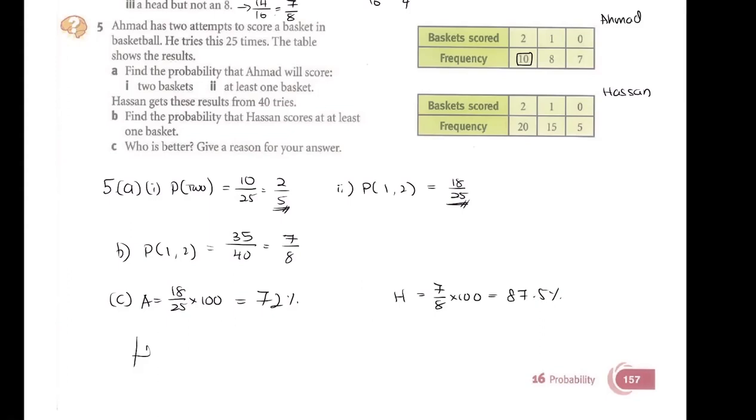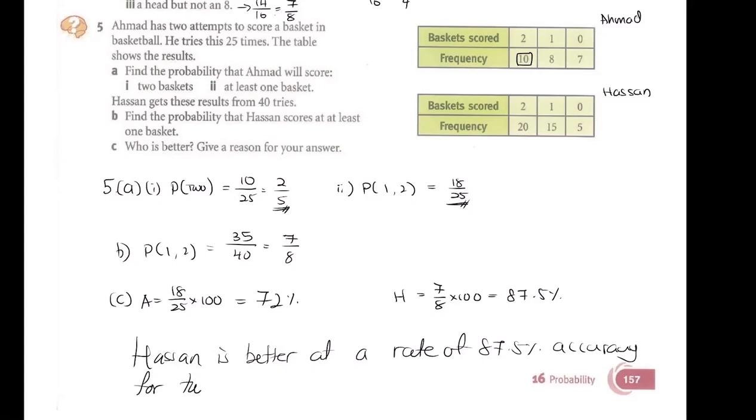So Hassan is better at a rate of 87.5% compared to Ahmad's 72%.